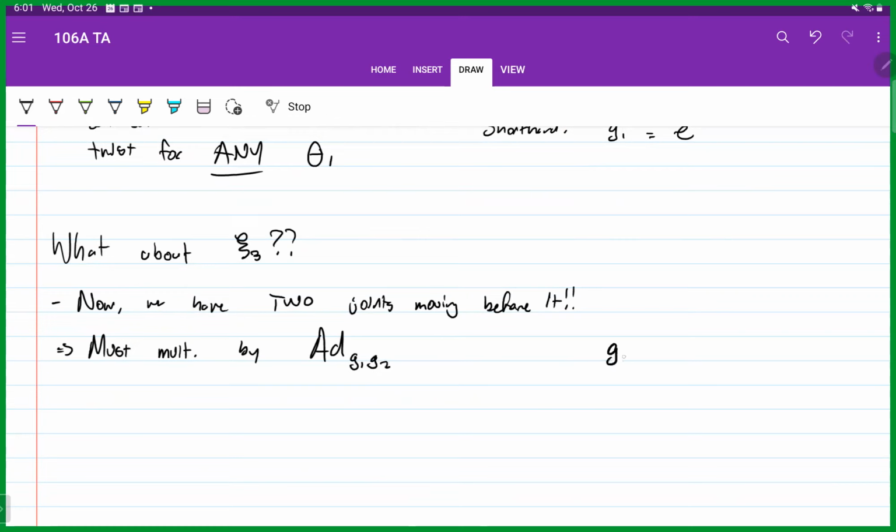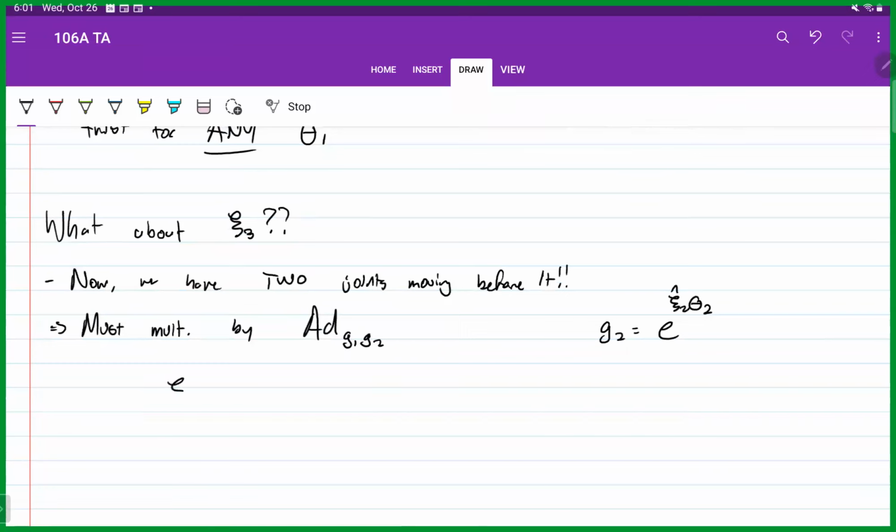And just note that G2 in this case is equal to e to the xi2 hat times theta 2. So overall, let's write out what that looks like. We're going to have the xi3 prime, which is our xi3 transformed to the spatial frame after we've moved our joints around. It's going to be the xi3 prime is equal to the adjoint of G1 times G2 times our original xi3 reference configuration.